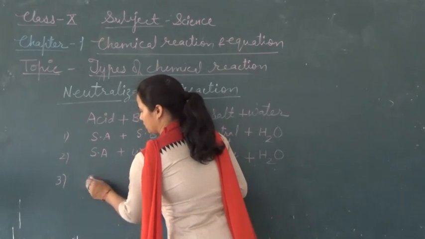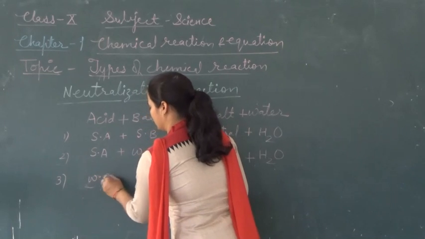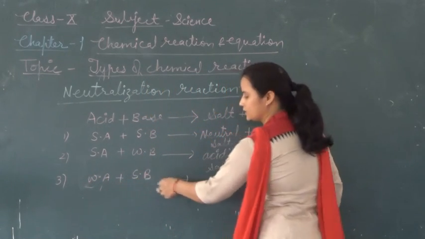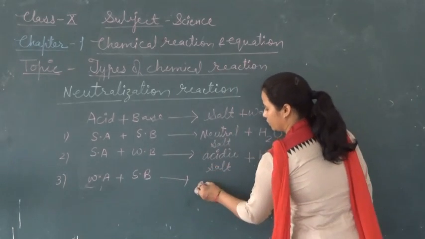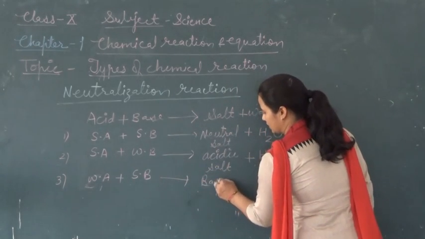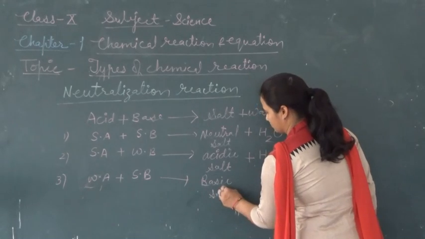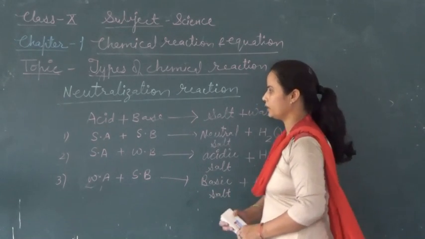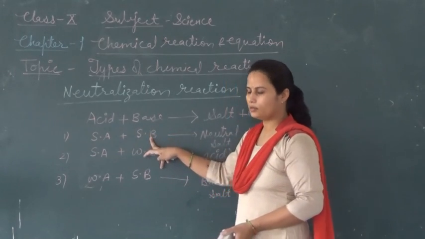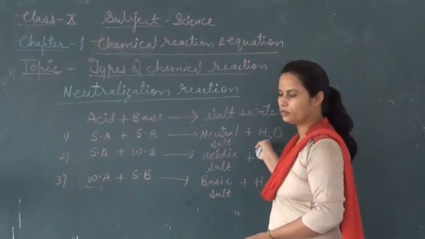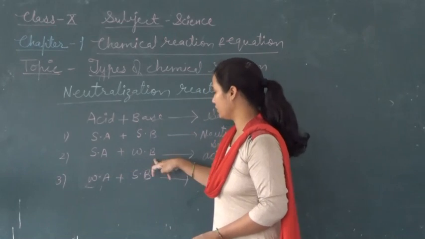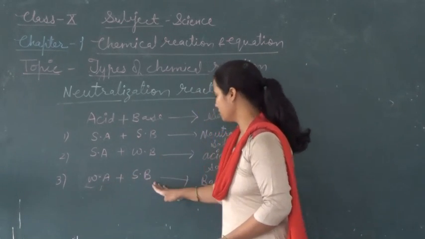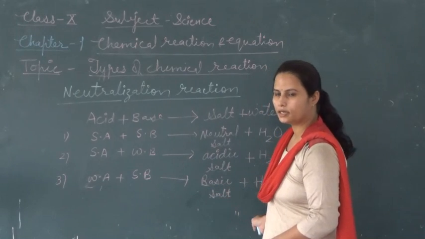Third, weak acid plus strong base. When a weak acid and a strong base react, it forms a basic salt and water. So three types of reaction: strong acid and strong base form a neutral salt and water. Strong acid and weak base form an acidic salt and water. A weak acid and strong base form a basic salt and water.